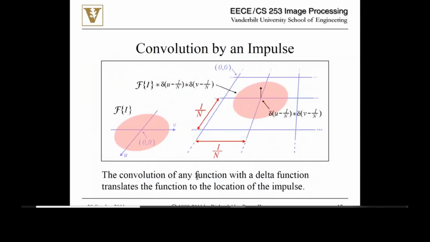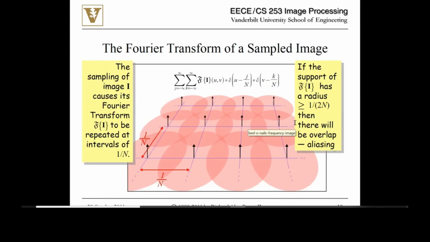So this is the same idea. Let's say that the Fourier transform of the original image is centered at 0, 0, and then we have to convolve with one of these deltas. So what we do is we shift the input Fourier transform to the location 1 over n. And because we have many deltas, we have many copies.